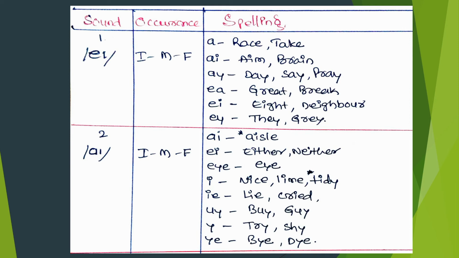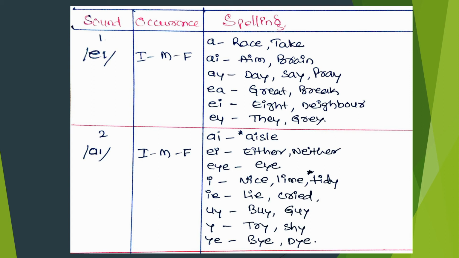Now how can we describe this one? Just to describe what is A and what is E. Then say there is a glide. Now how can we describe this one? A. First to describe what is A. A is a front unrounded vowel just below half close.